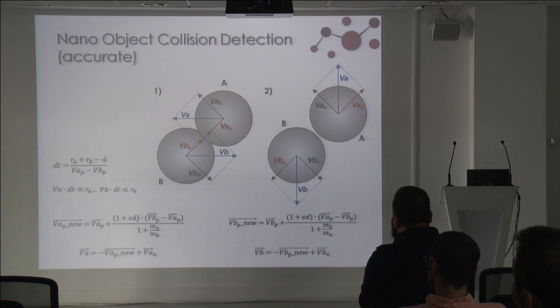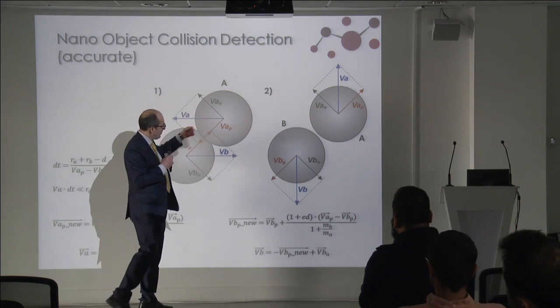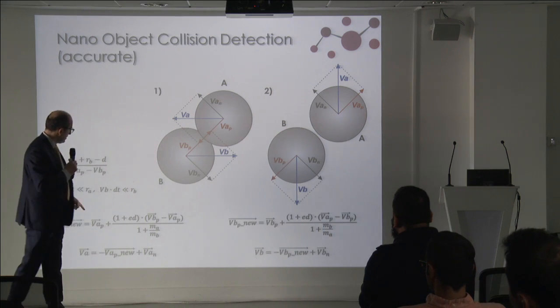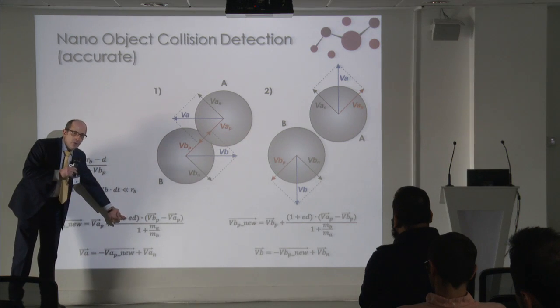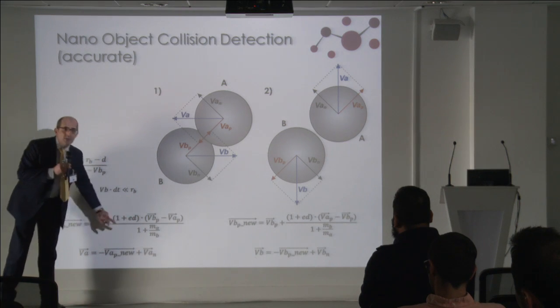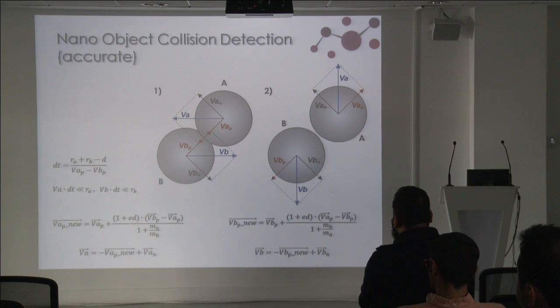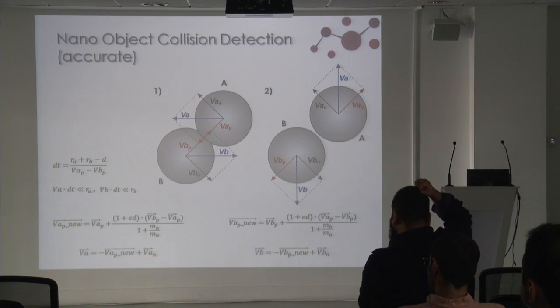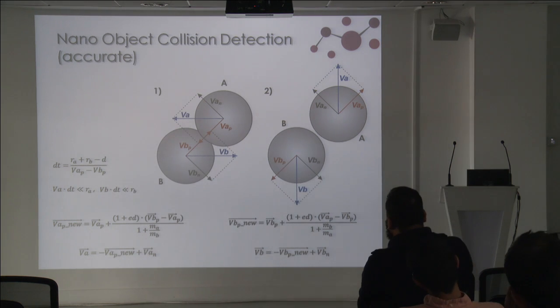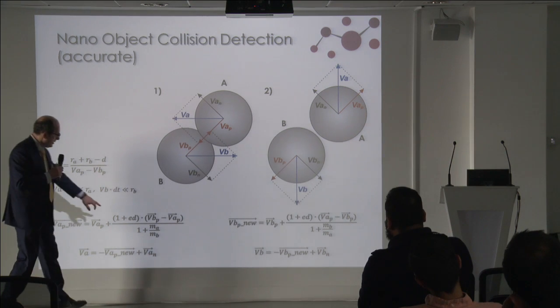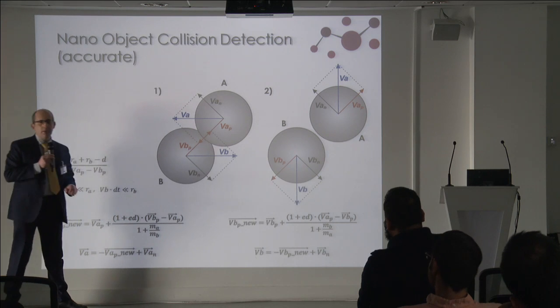They are just the elementary equations governing the collision of two spheres, considering their respective masses, and this coefficient. This is a very important coefficient, e_d, the restitution coefficient. It determines if the collision is perfectly elastic or not. If it is 1, the collision is elastic.